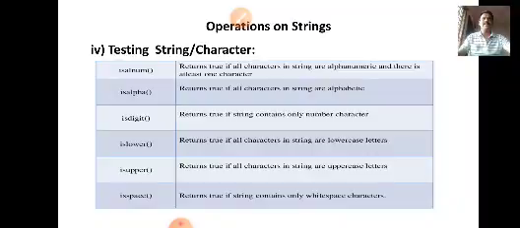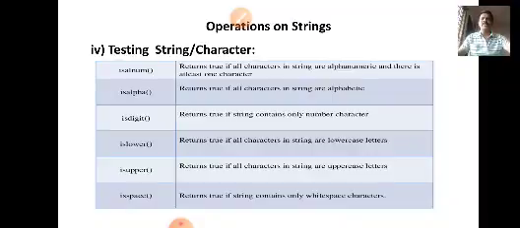Here is isalnum. It returns boolean values, true or false. It returns true if all characters in the string are alphanumeric and there is at least one character.